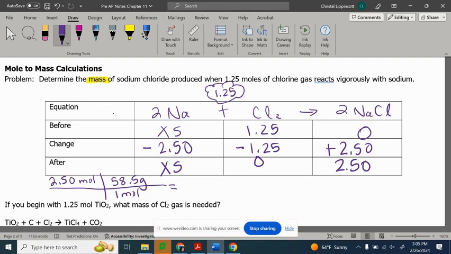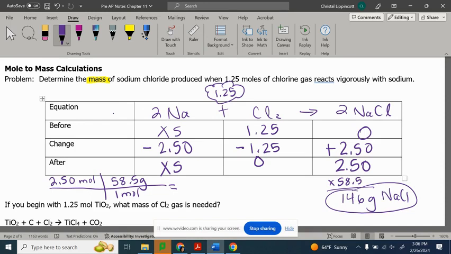Or if you can recognize that to get from moles to mass, you just multiply by the molar mass, you can also do it like this. And then that saves you a lot of time writing down all of that. Does that make sense? Okay. Either way, you're going to get the same answer because you just got to multiply throughout there. I think it's 146. Yep. So this is 146. And that would be grams of NaCl.